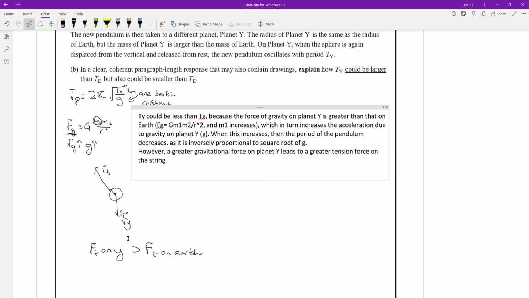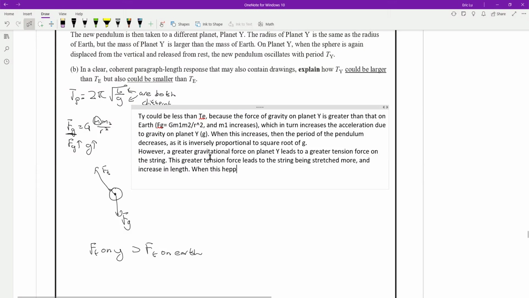And this greater tension force leads to the string being stretched more and increase in length. And when it increases in length, then L in this formula increases.